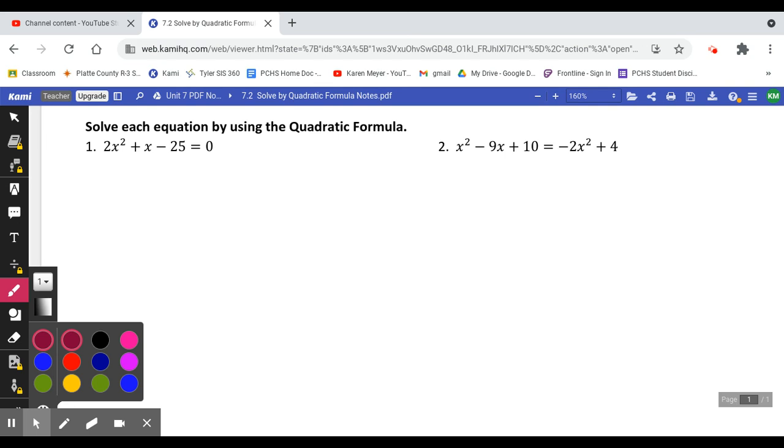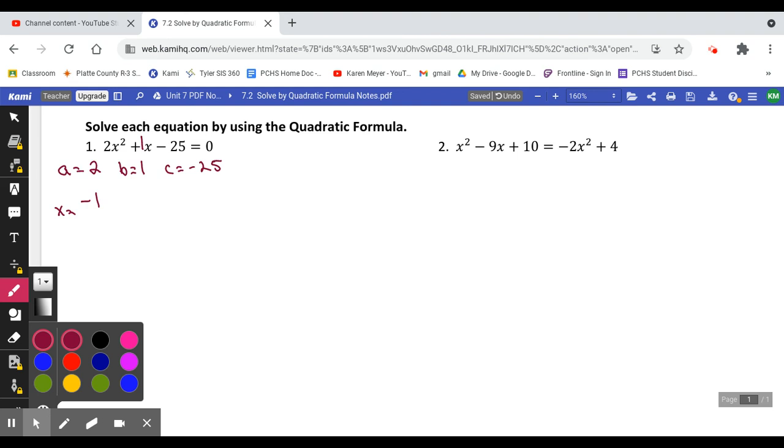So on the first one, are all terms on the same side? Yes, check. A is in front of x squared, which is the big 2. B is in front of x, and if there's no number in front of x, make sure you remember the magic little 1. And C is -25. So x equals opposite of b.